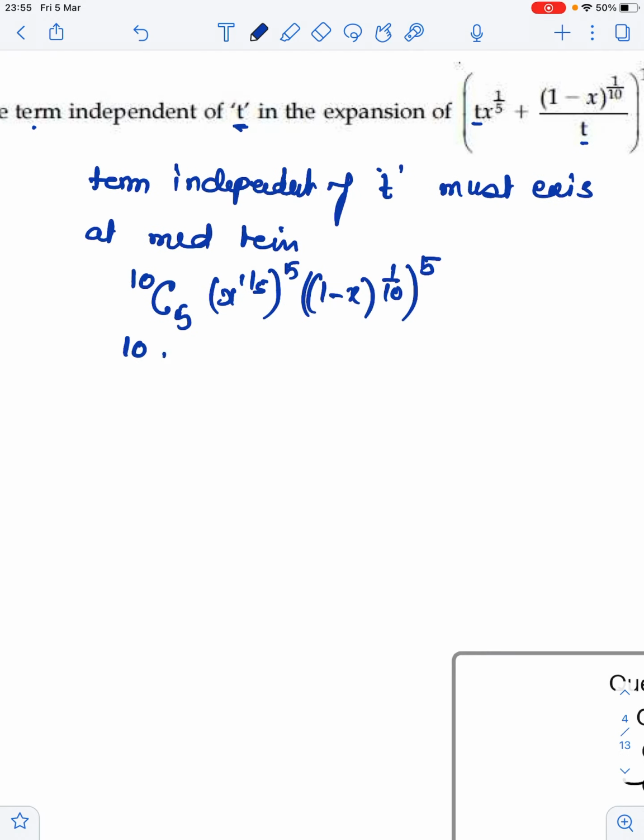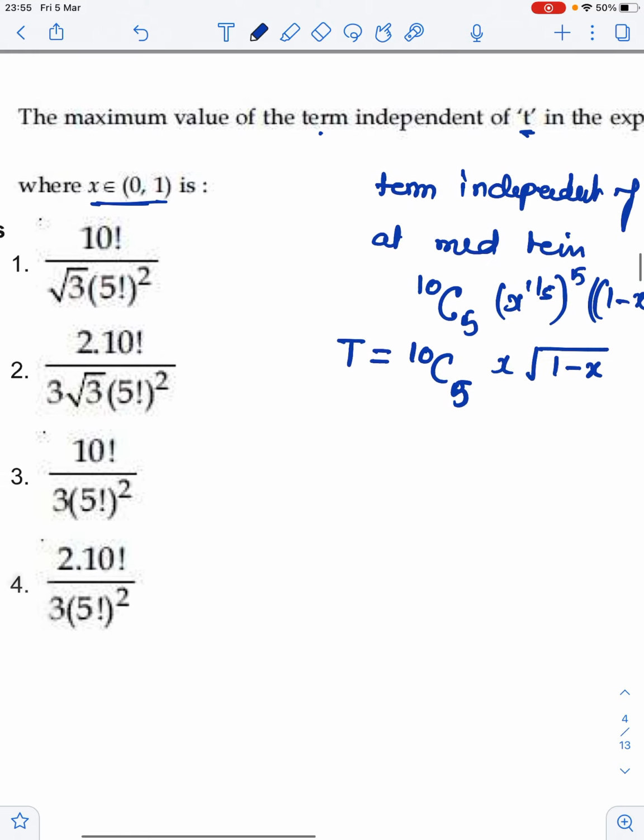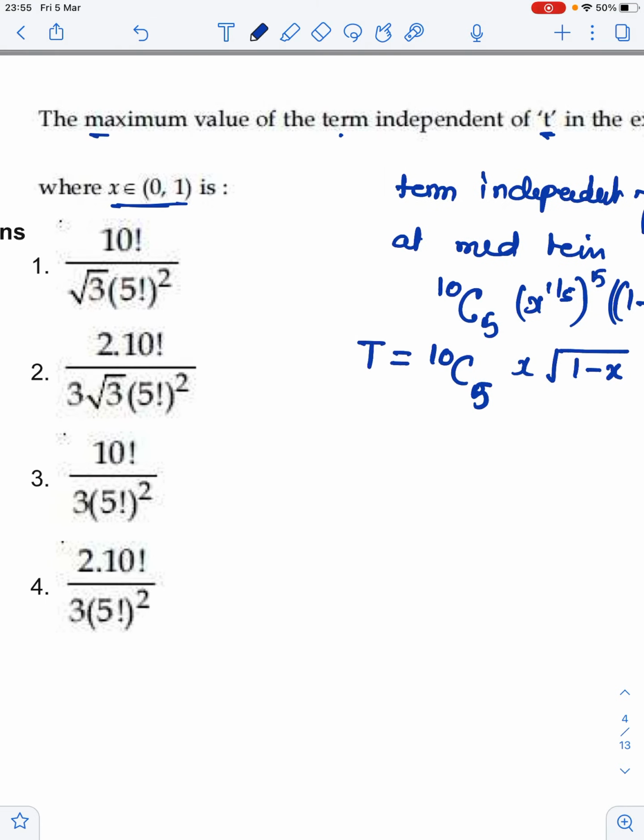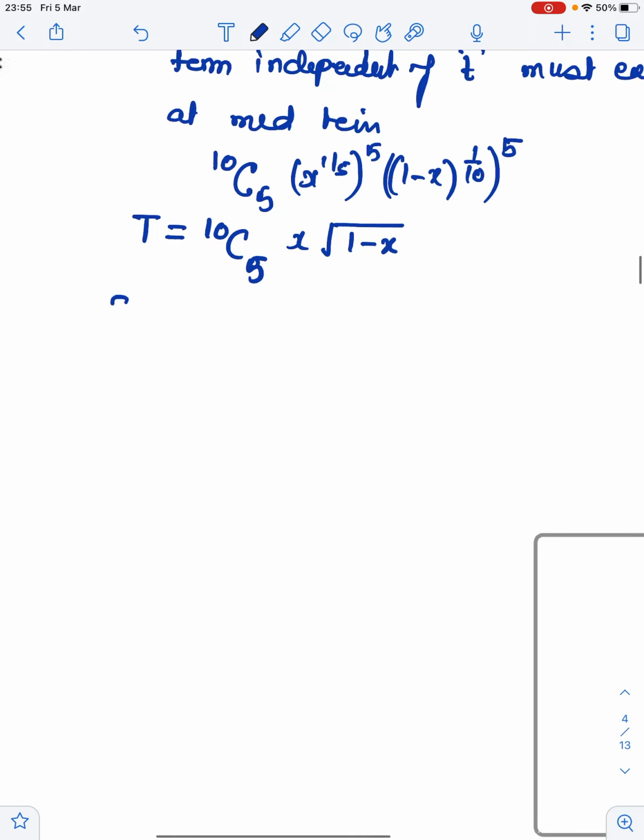Now this reduces to 10c5 x and root of 1 minus x. Now let us say this is capital T. So we have to make this function of x, or this term, a maximum value. So let us differentiate T with respect to x in a simple way. We can square and make a quadratic of x also.